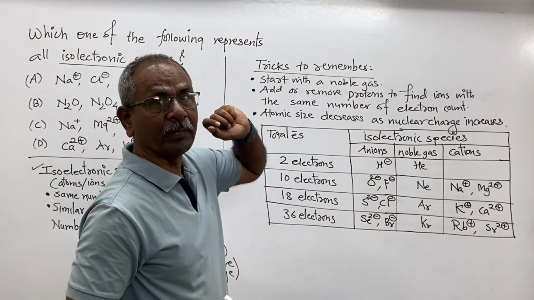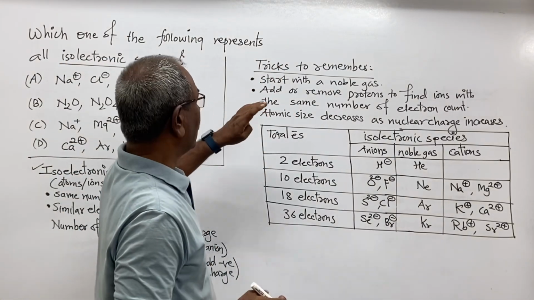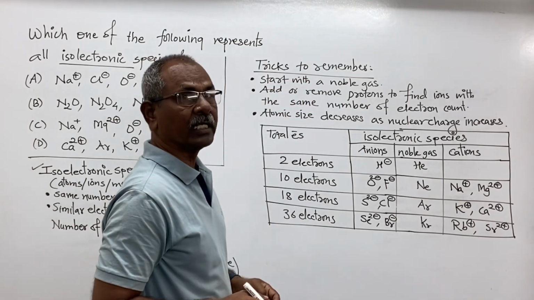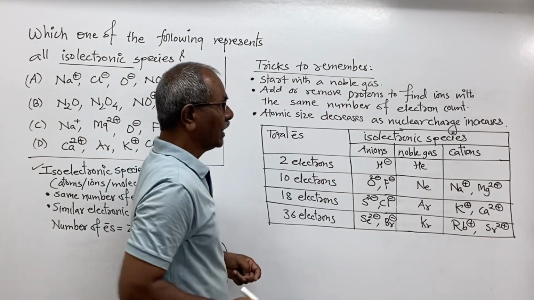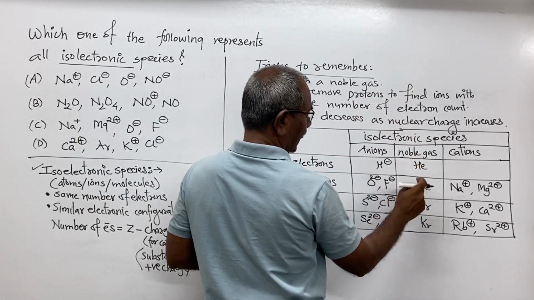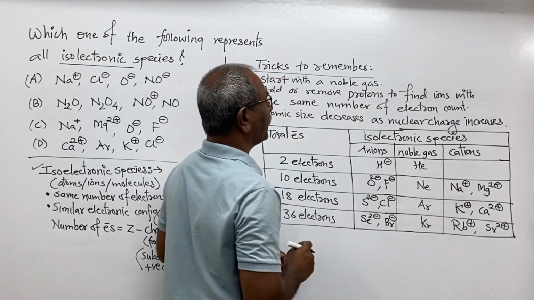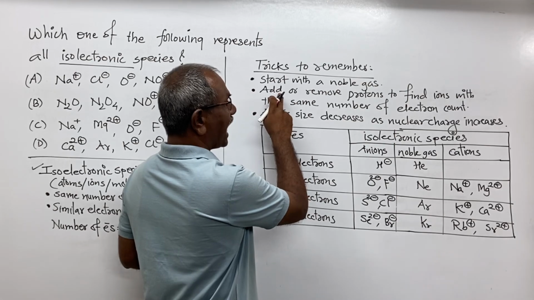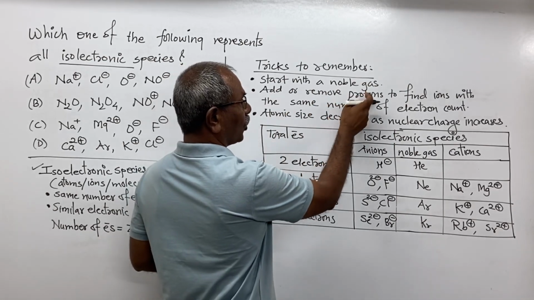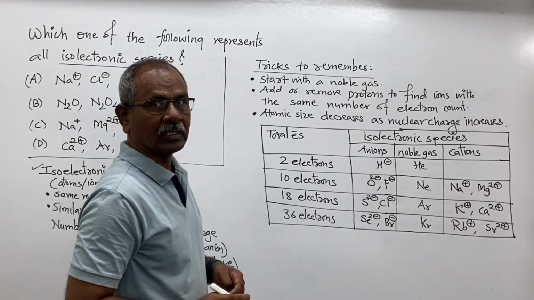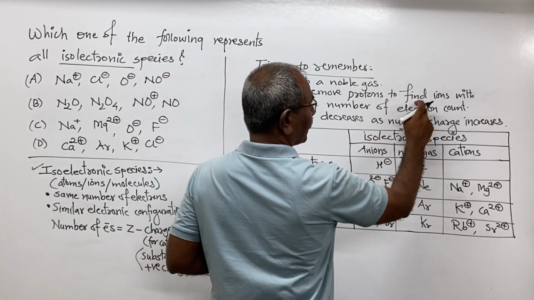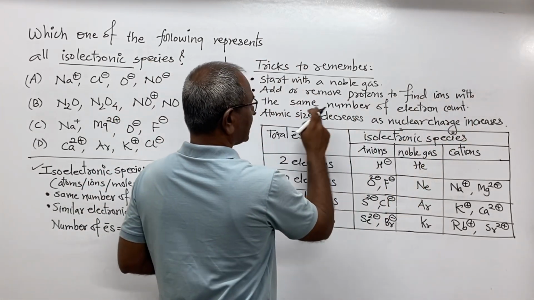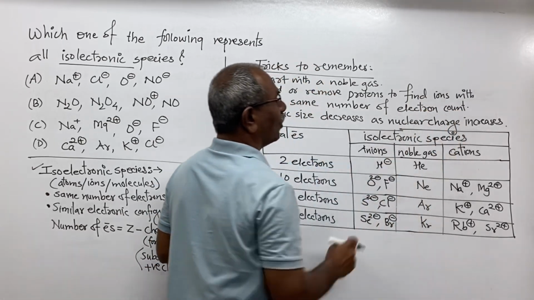Now tricks to remember. How to remember the isoelectronic species? First, start with noble gas. Noble gases: helium, neon, argon, krypton. Second, add or remove protons, that is the positive charge, or number of electrons, to find ions with the same number of electron count.